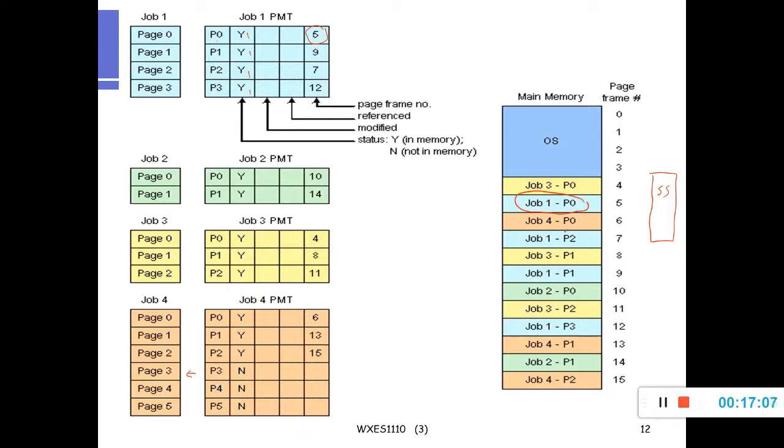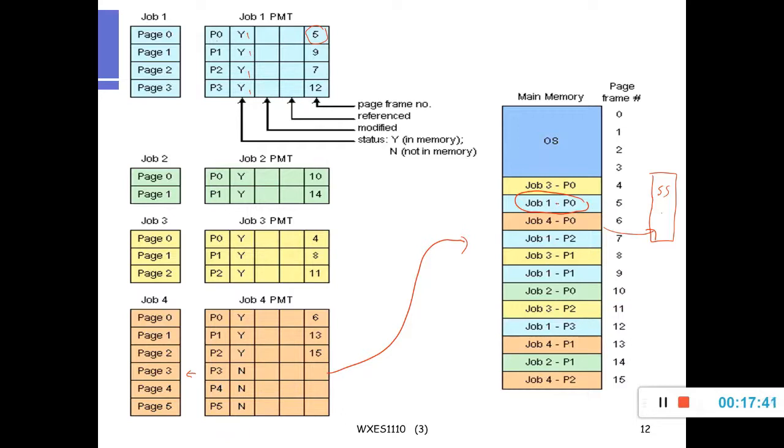The resident page is copied to secondary storage if it has been modified, and page 3 is written into an empty page frame. So if any value in main memory has been modified, it will be copied into the secondary storage, and page 3 can enter one of the empty page frames. The main memory processes the job and stores it, and the CPU will execute.